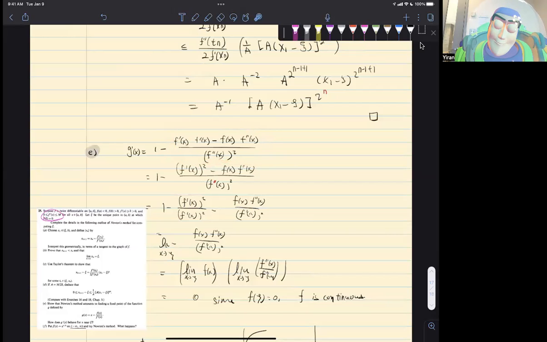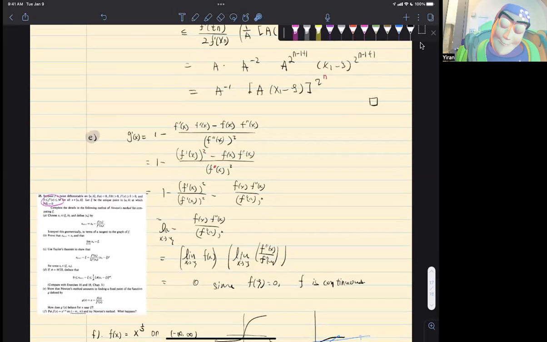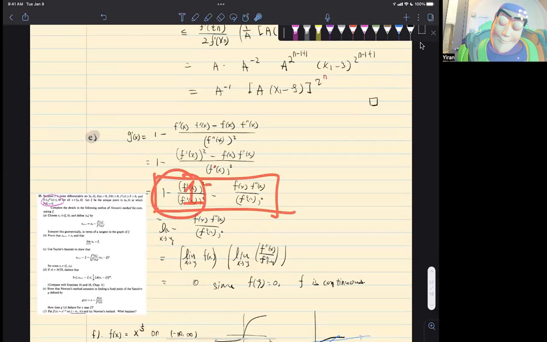Okay, and then let's interpret each one of them. So we know this. Well, this is equal to this, and you can separate them. And then because this is equal to 1, so this is equal to 0, and you only need to focus on this.